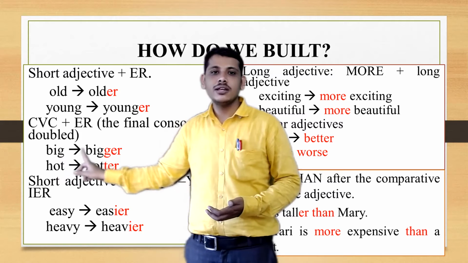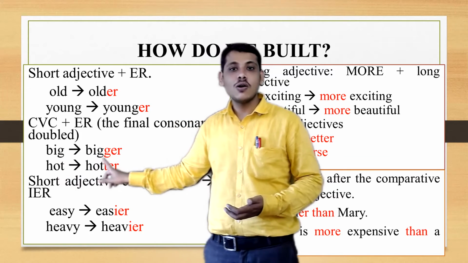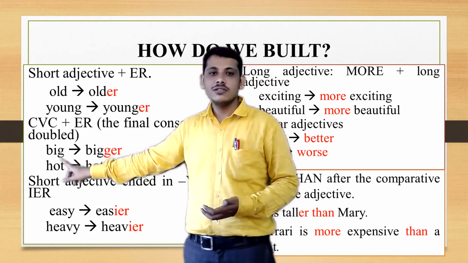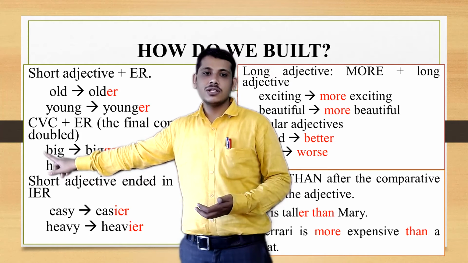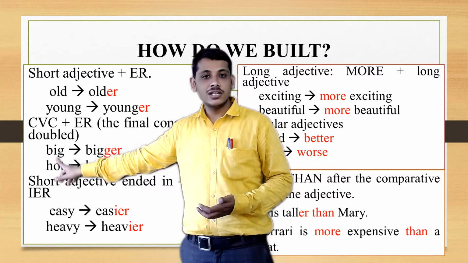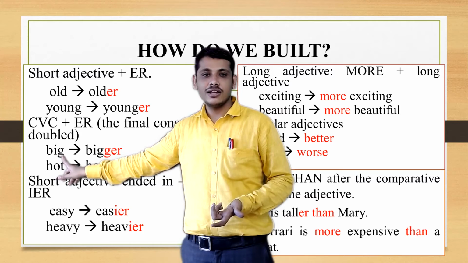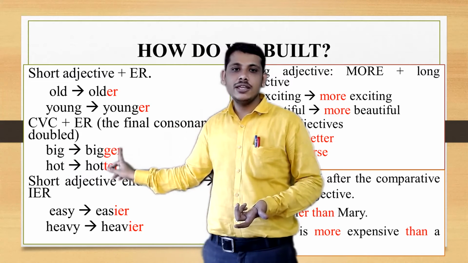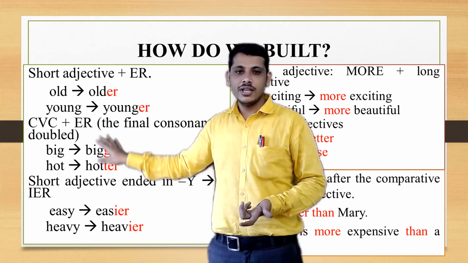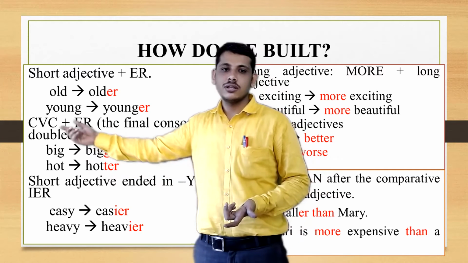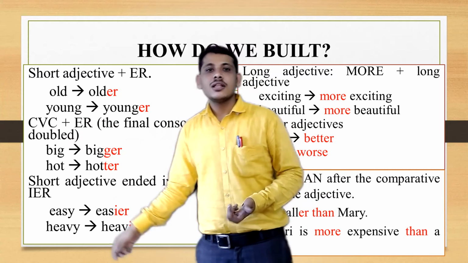For example, big, bigger, hot, hotter. Here we have three letters in one word. The first one is a consonant, the middle one is a vowel, then again a consonant. So before adding er, I have just doubled the G: bigger, hotter. So be careful with these words, CVC.